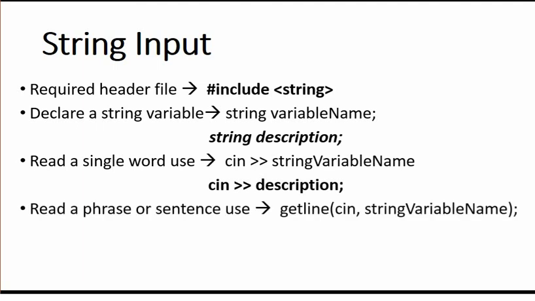If you want to read in a phrase or a sentence or multiple strings separated by tabs or spaces, then you would use the getline function. So it's getline, and in parentheses cin, comma, and the name of your string variable. Here's an example of reading in a multi-word string for description.